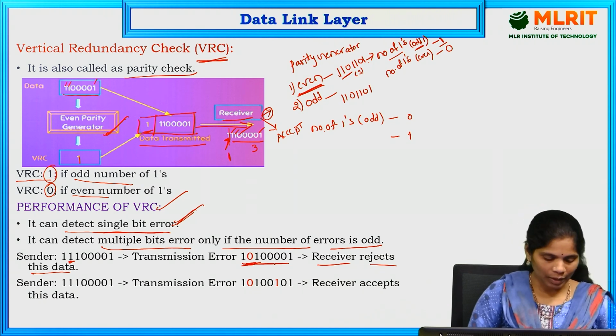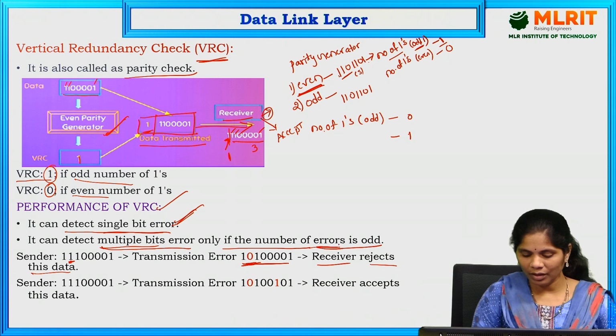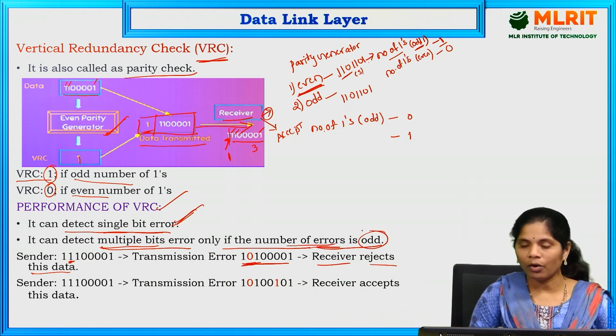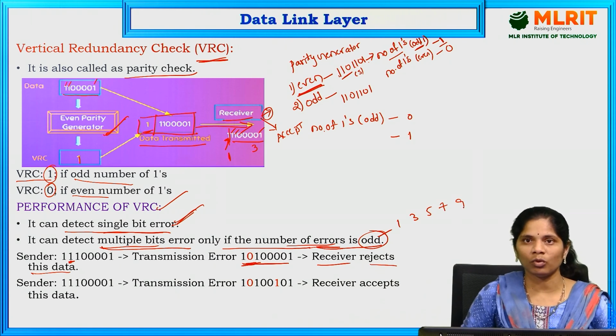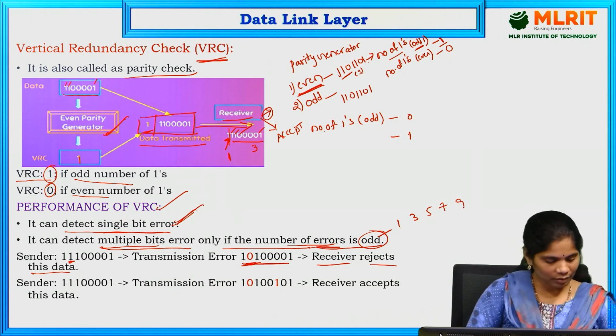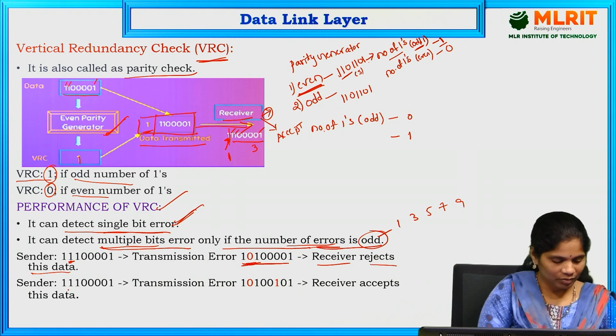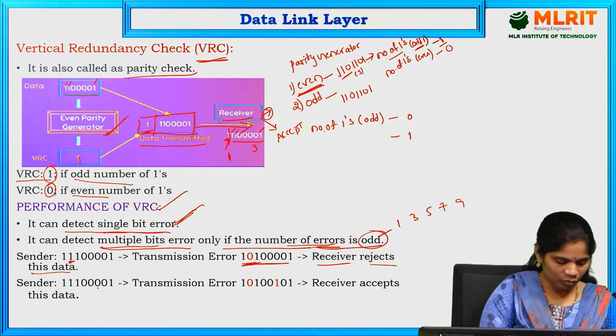And coming to multiple bit errors. A multiple bit error is detected only when the number of errors is odd, meaning 1, 3, 5, 7, 9 and so on. But see this example: the original data is 111000001.